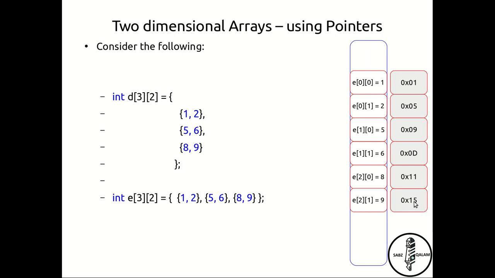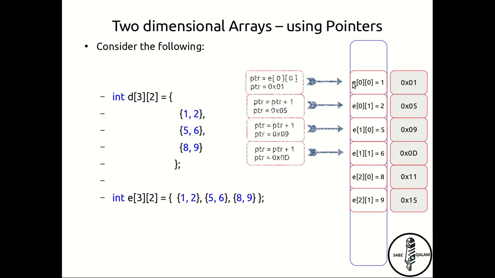Now because these occur contiguously, what if we were to use a pointer? If you were to use a pointer pointing to the first element of the array, it would contain the value 0x01, which is the address of the first location. Now if we increment this by 1, we are going to come to the next location. We increment this by 1 again, we come to the next location, and again.